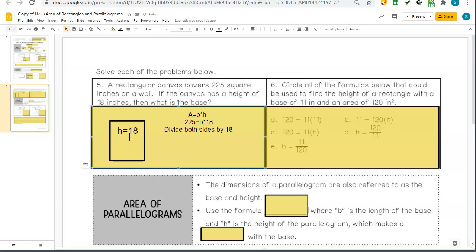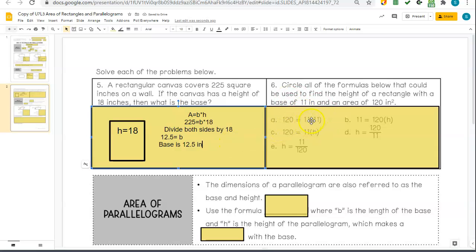That's the opposite of multiplication. So we do 225 divided by 18, and b times 18 divided by 18. And we get that 12.5 equals our base. So our base is 12.5 inches.